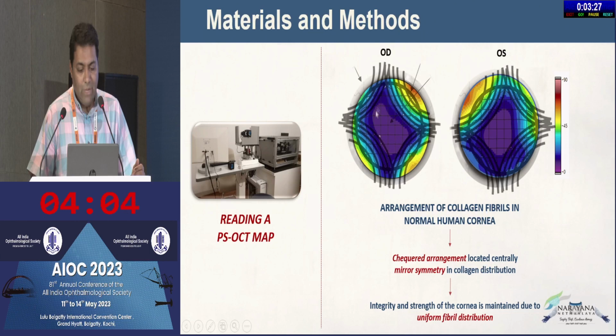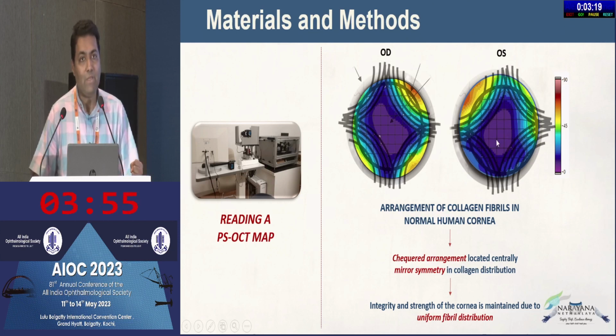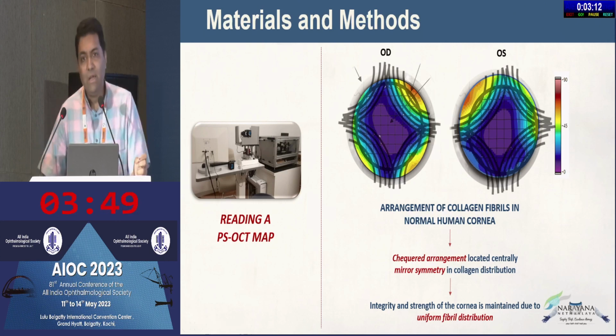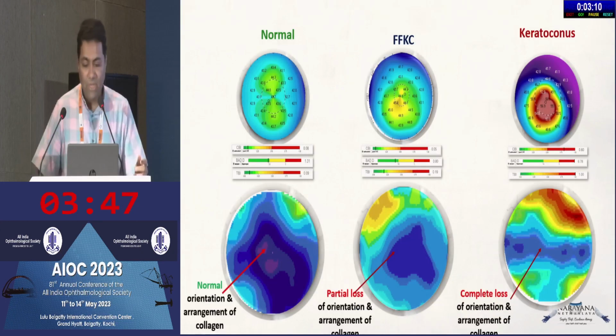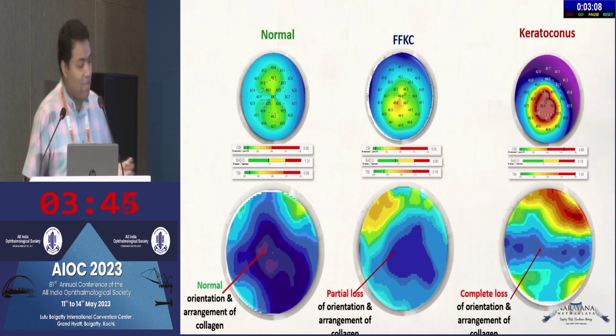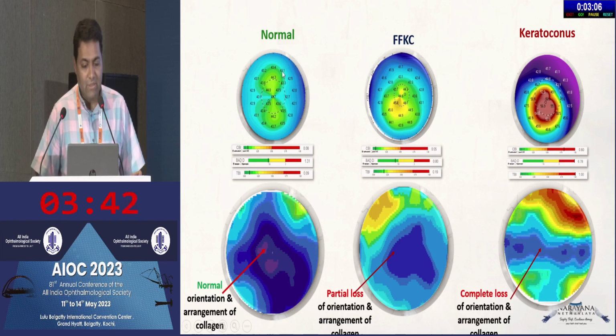And the collagen fibrils suddenly start becoming more clear, because the darker the shades, the tighter the orientation, and the properties remain stronger. And these are your peripheral anchoring fibers, which you can image. It just takes around 1.5 minutes to image both eyes, and now we have our own software. Now, how does it help? This is normal.